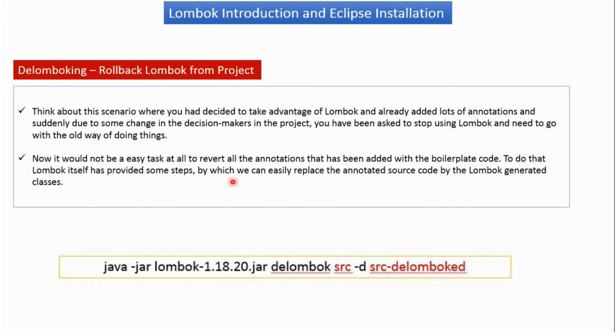Now it would not be an easy task at all to revert all the annotations that have been added with the boilerplate code. To do that, Lombok itself has provided some steps by which we can easily replace the annotated source code with the Lombok generated classes. We will see how to do that.